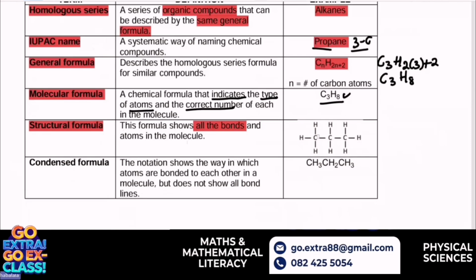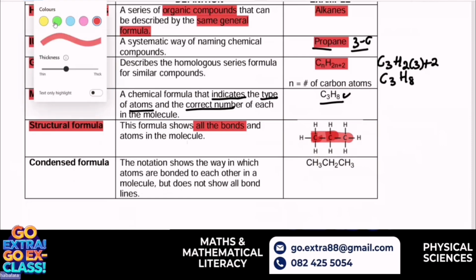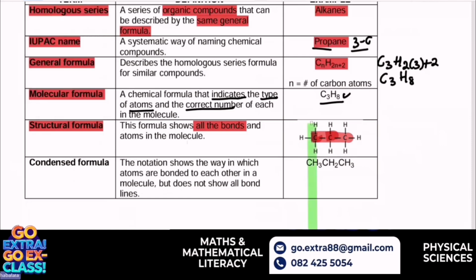For an example, propane has 3 carbons, as we can see here. Let me just highlight all of them. So there are 3 carbons there, and then there are hydrogens on the other side. So these are hydrogens there.